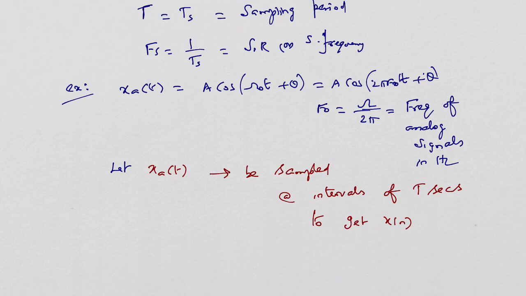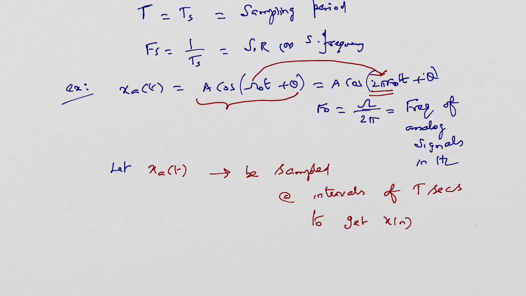Let us see how an analog signal is sampled. Xa of t equals A cos omega naught t plus theta, a general continuous time signal. Omega naught is replaced by 2 pi f naught, so 2 pi f naught into t plus theta.